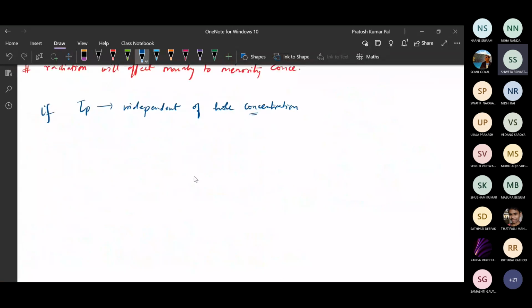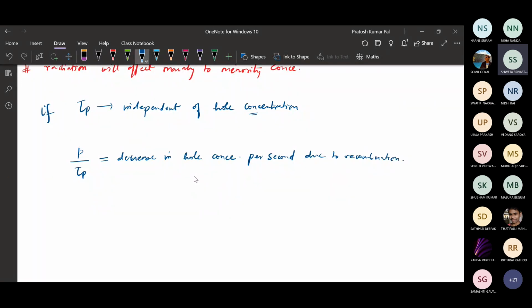Tau p is the carrier lifetime, that is, for what amount of time the generated holes will exist before recombination takes place. So p divided by tau p will indicate the decrease in hole concentration per second due to recombination.